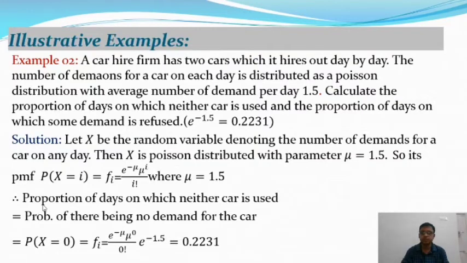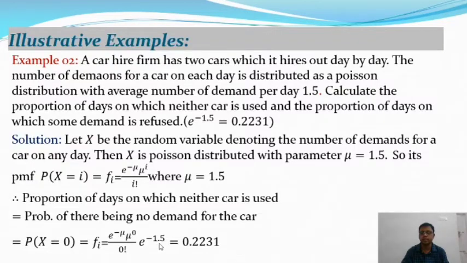So the first part of this problem is the proportion of days on which neither car is used, and it is equal to the probability of there being no demand for the car, which is probability of x is equal to 0. So that means f of 0 is equal to e to the power minus mu into mu to the power 0 by 0 factorial, that is e to the power minus 1.5, and mu to the power 0 is 1, since the 0 power of any finite value is 1, and 0 factorial is 1.